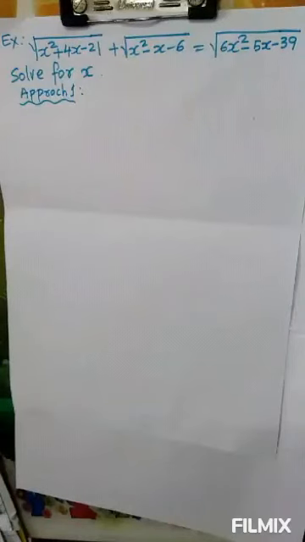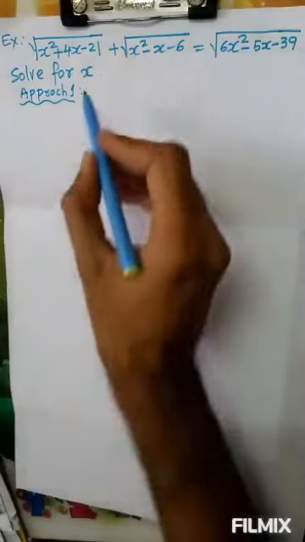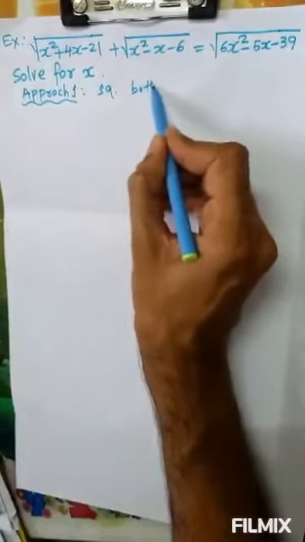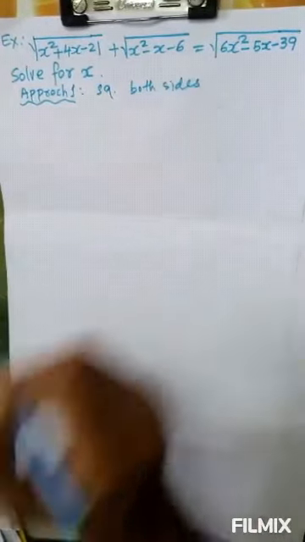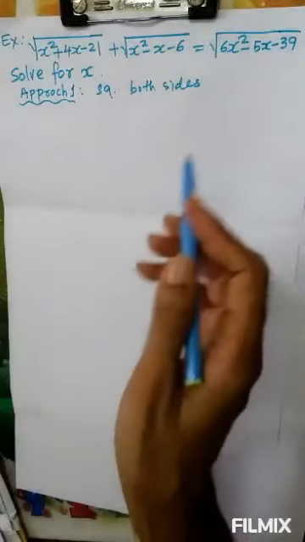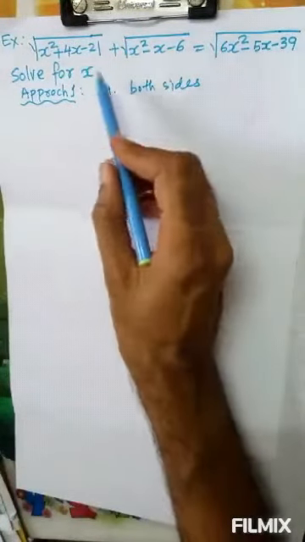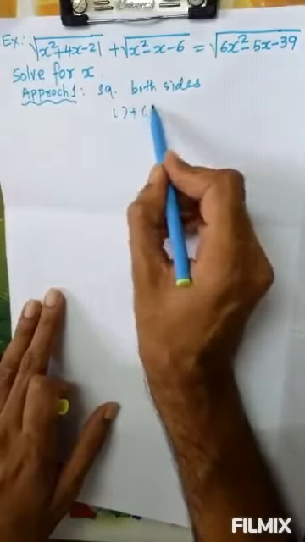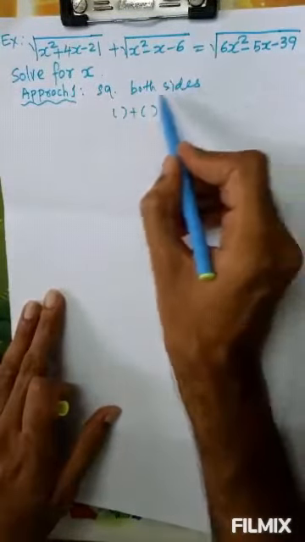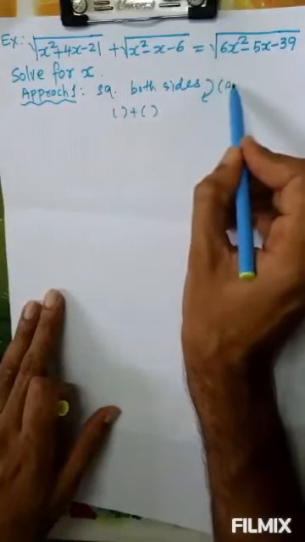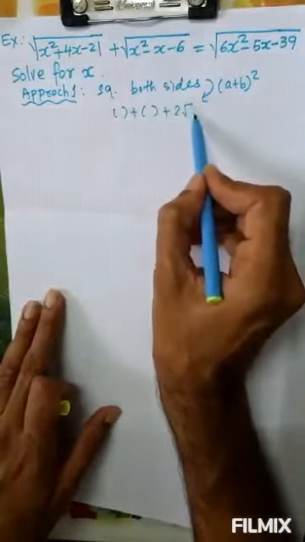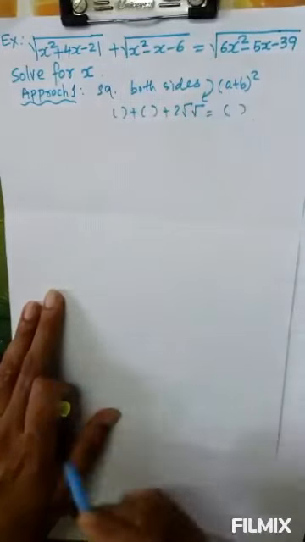If we think, the first approach that comes to our mind is squaring both sides. But if we square both sides, what happens is that these two become free by a plus b whole square, but the next term again would consist of under root terms.